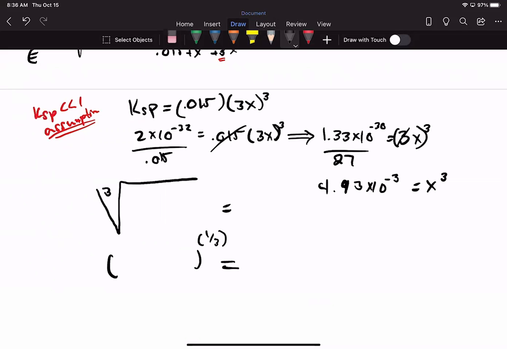4.32. Then take the cube root of that. That looks better.